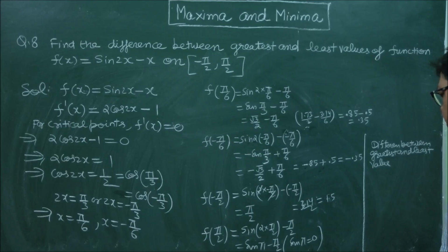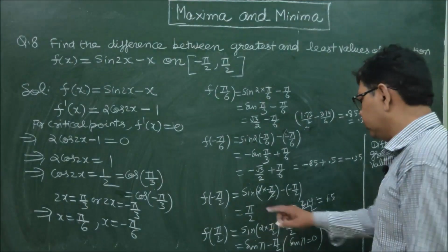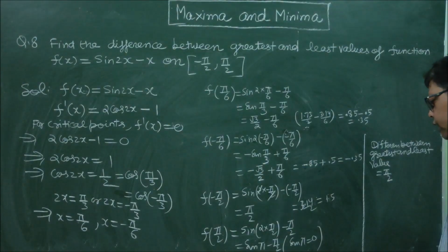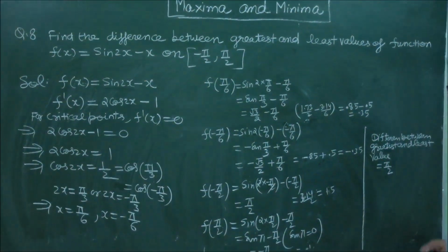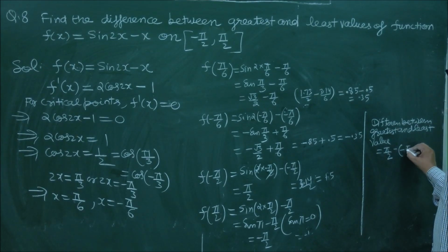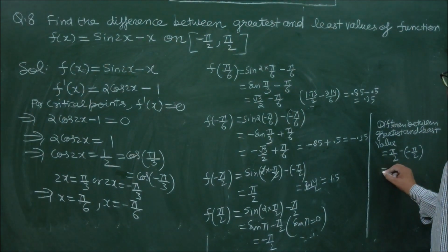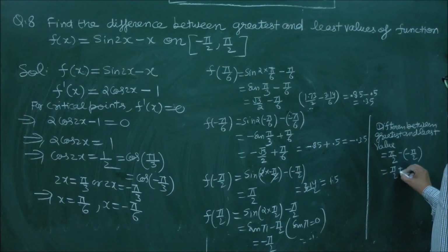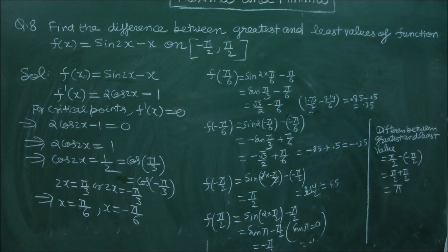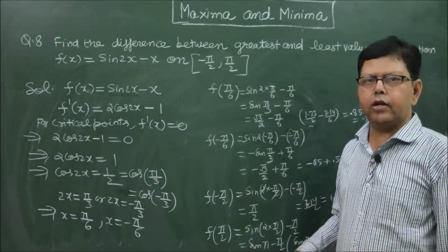Greatest value is this value, pi by 2, and the least value is this value, minus pi by 2. So the difference is pi by 2 plus pi by 2, which is equal to pi. So this is the difference between the greatest value and least value.